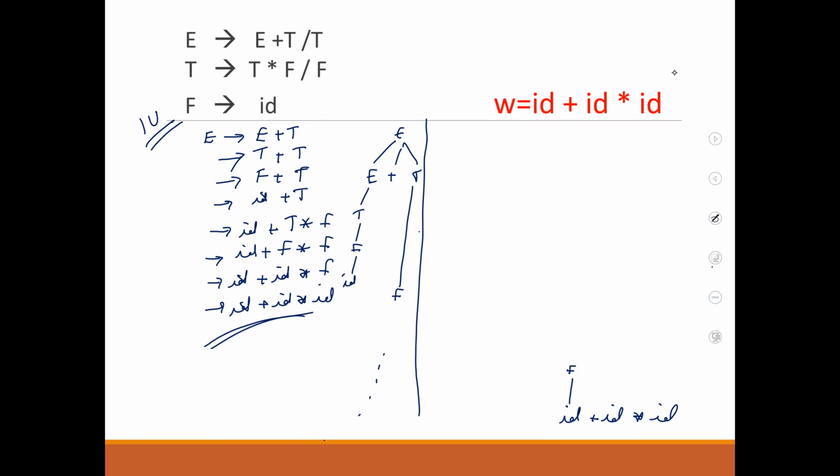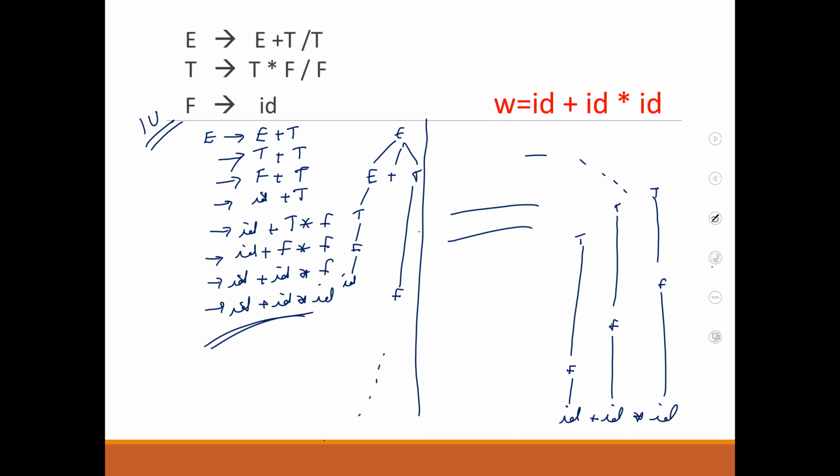ID can be F, and then this ID, I can make it an F. This I can make it a T, and so on. Okay, and then you can even write the expression.